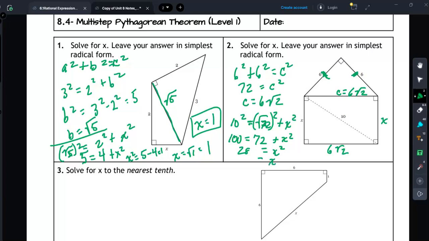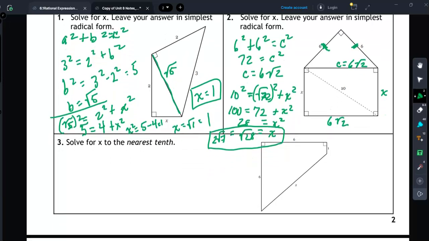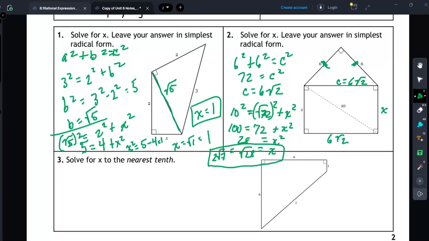Or x is going to equal the square root of 28, which I believe can simplify. So the square root of 28 is 2 square roots of 7. Okay, so that is your final answer for x. Keep it in radical form, right? So use these calculators. They're going to help you. Does 1 and 2 make sense to everybody so far?